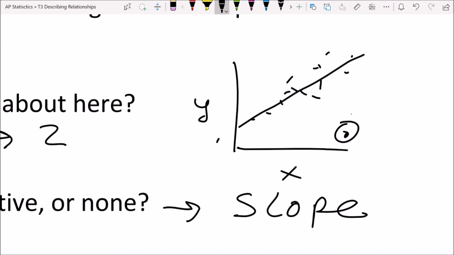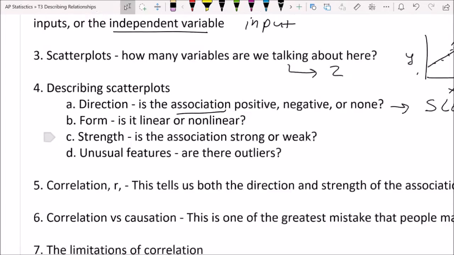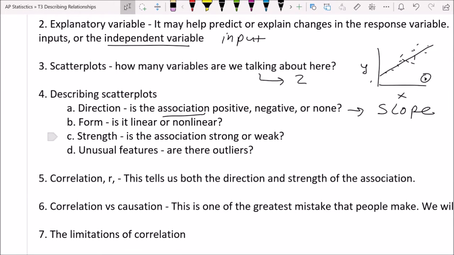When we say an outlier on a scatter plot, we do specifically mean just a point that really doesn't fit the pattern. We're not talking about a formal definition of an outlier here. Okay, so those are the 4 things. It's pretty common that there's a question that asks about that on an AP exam at some point, so that's good to know.